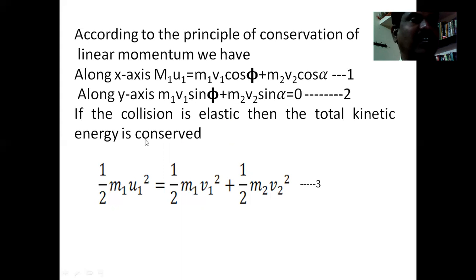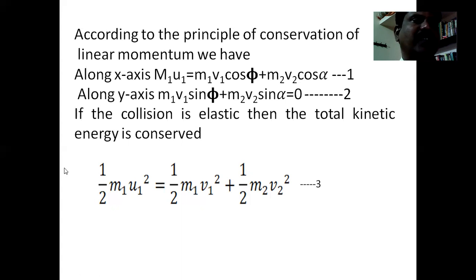Next, if the collision is elastic, the total kinetic energy of the system is conserved. The kinetic energy of the two particles before collision is equal to the kinetic energy of the two particles after collision.